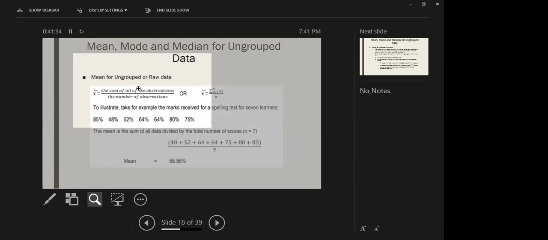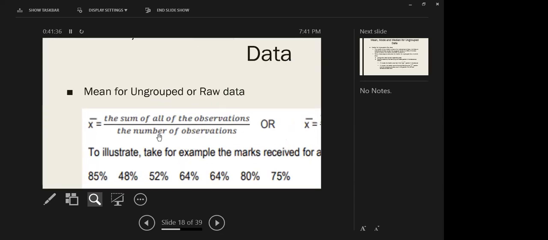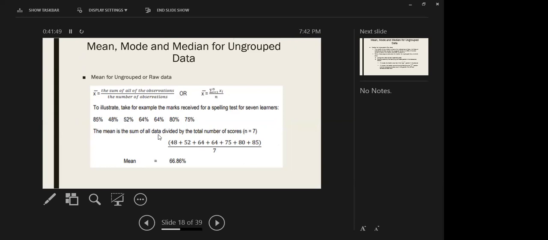Maybe let me zoom in a little bit on that. Okay, what happened? All right. Let me just zoom in a little bit there. All right. So the mean is basically the sum of all the observations divided by the number of observations, right? So basically what it means is you're going to add all these marks, and then you divide by the number of people that wrote the test, which is 7.